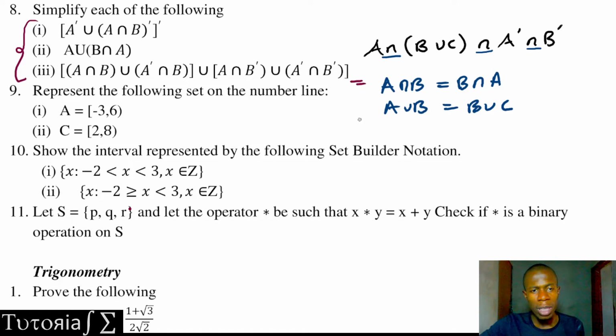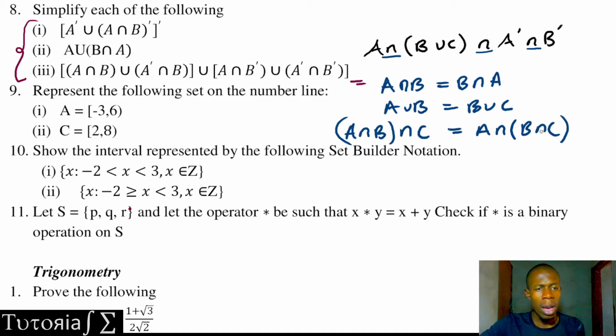Now for the association part, if you have A intersection B intersection C, we have intersections throughout. This can be associated as A intersection, open brackets, B intersection C. If we have intersection throughout, they are associative.